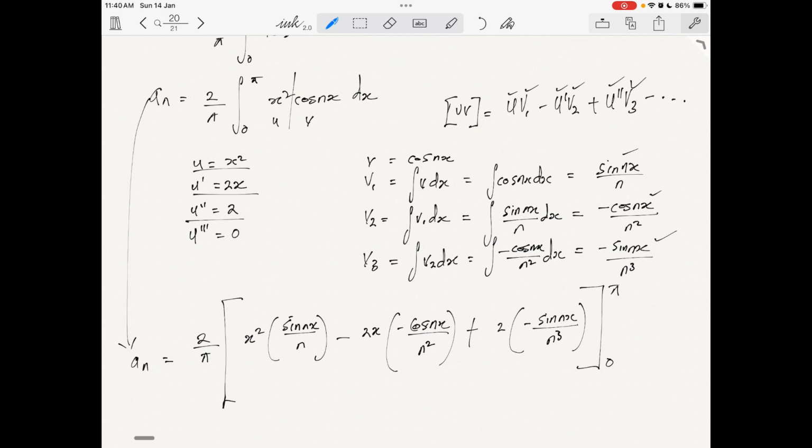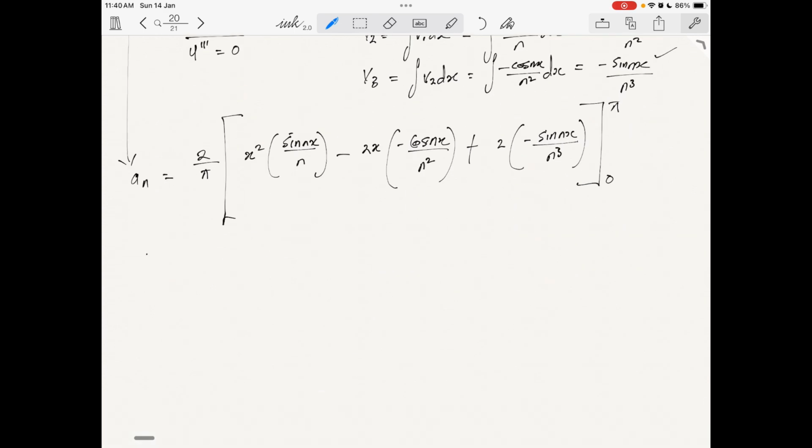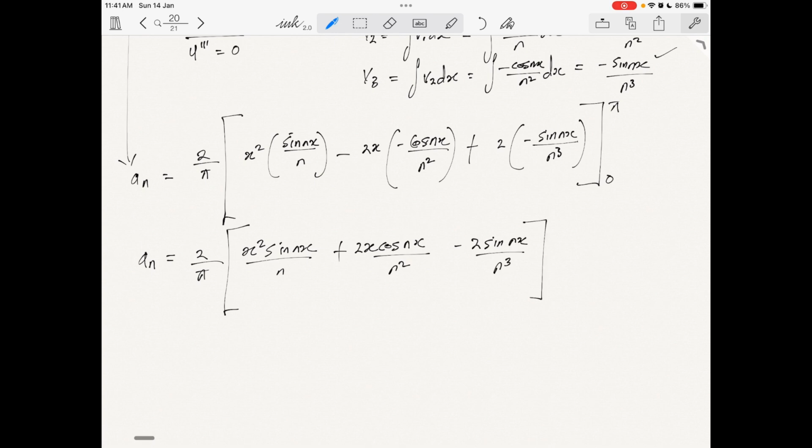So with this done, we have that an is equal to 2 over pi. Simplifying further, we have x squared sine nx over n plus 2x cos nx over n squared minus 2 sine nx over n cubed from 0 to pi.